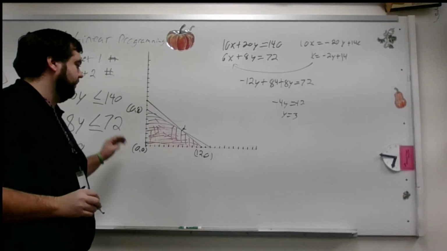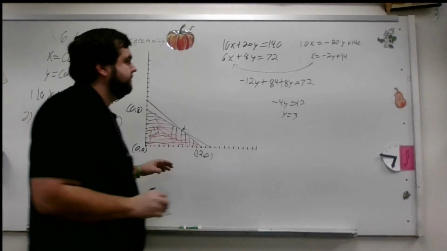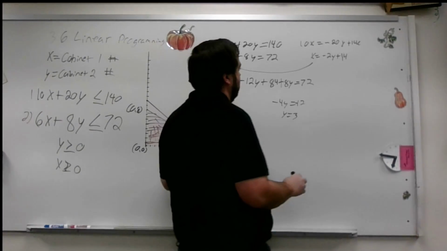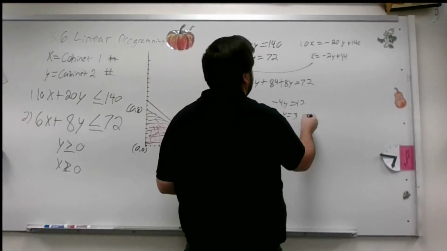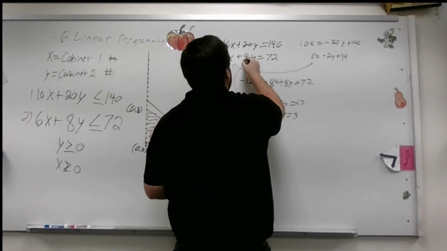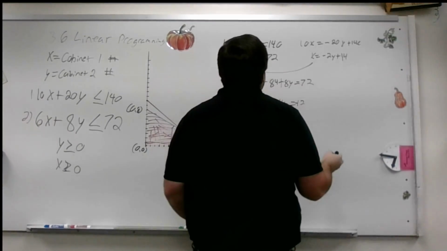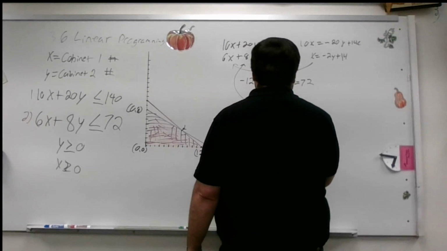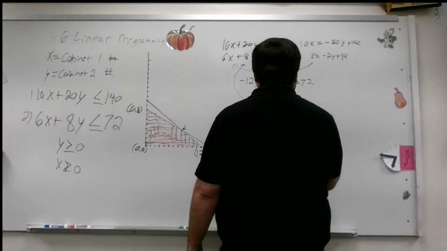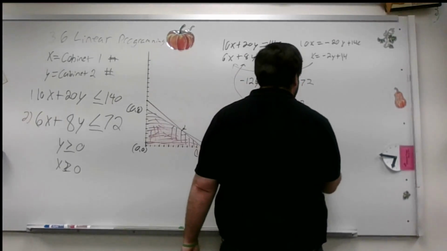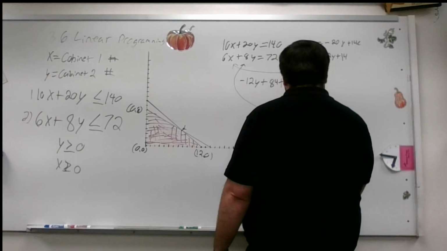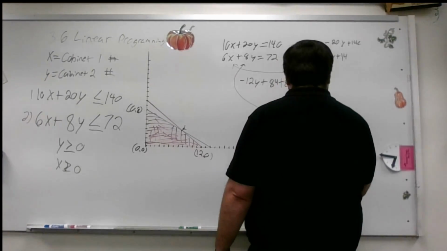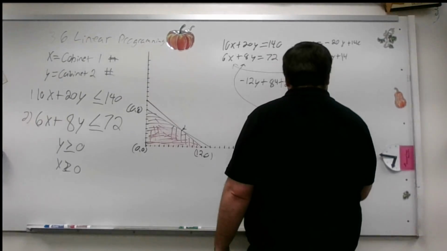Okay, so now I know my y value is 3. I then take this and I plug it back in up here. So I get 6x plus 8 times 3, 72. 6x equals 48, so x is 8.